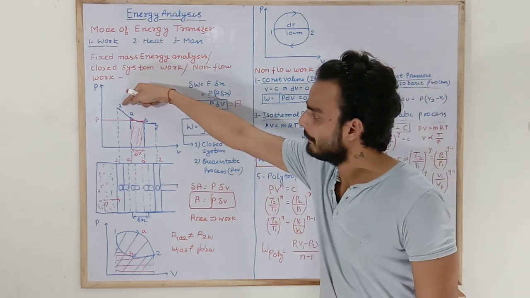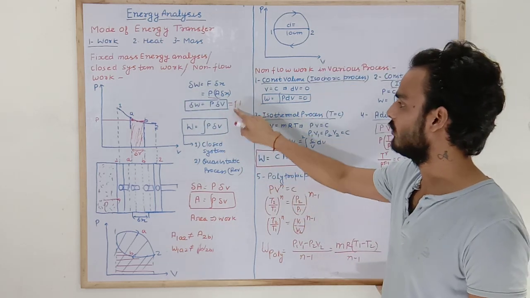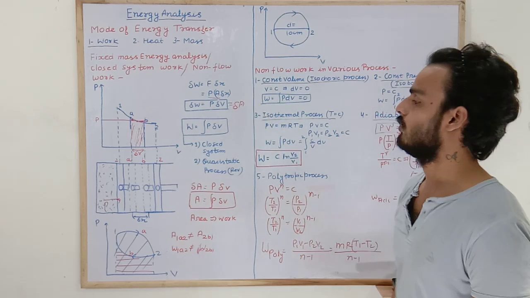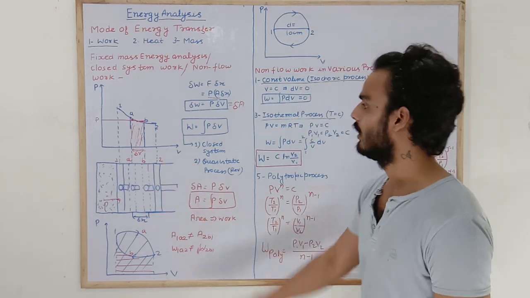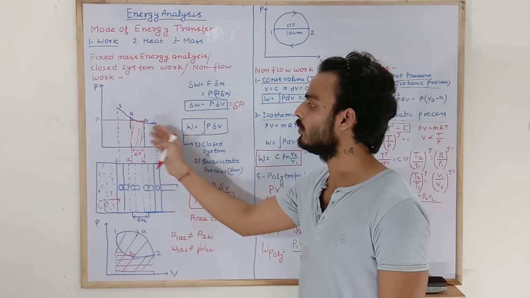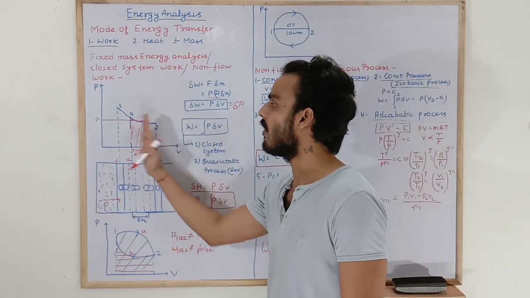So that means, what does the area under the PV curve represent? This is not the total area, this is a small amount of area. If I want to calculate the total amount of work from state 1 to 2, I will use the integration concept. From 1 to 2 there will be an infinite number of steps, so I will add the areas of all the steps.